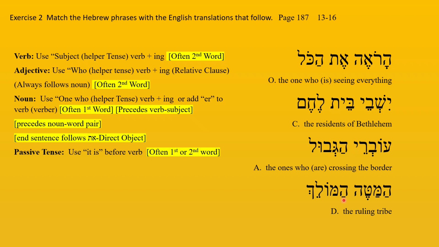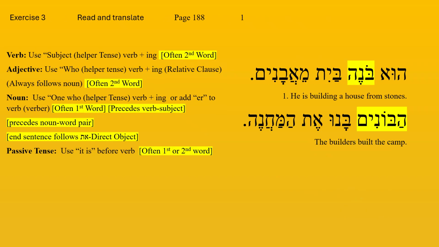It follows a noun. It matches the noun in gender, in definiteness, in number. So it's an adjective. So it's the ones who rule the tribe, or the ruling tribe. The ruling tribe. Okay. All right, exercise 3.